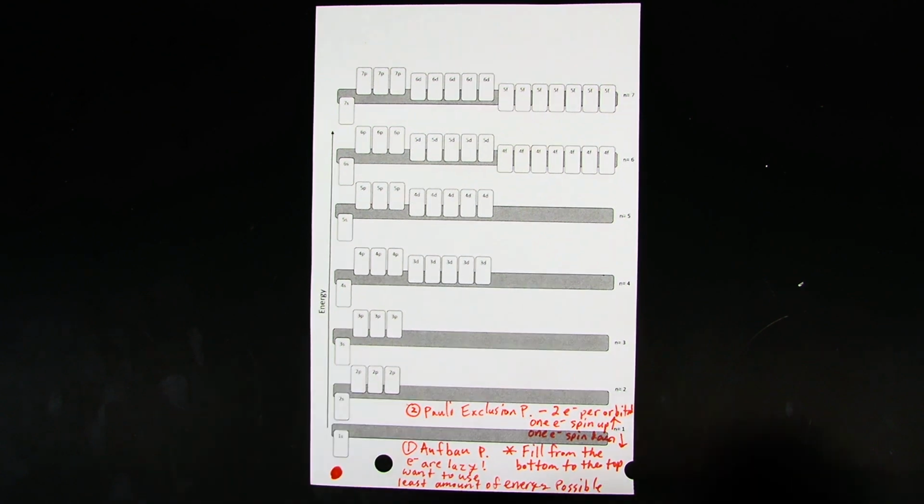You can only have 2 electrons in there because each electron has to have opposite spin. If you put 1 electron in, it'll be 1 spin, and when you add a second electron to that orbital, it will have an opposite spin, and that's all that's allowed. You can't have electrons in the same orbital with the same spin. So that means you can only have 2 electrons max.